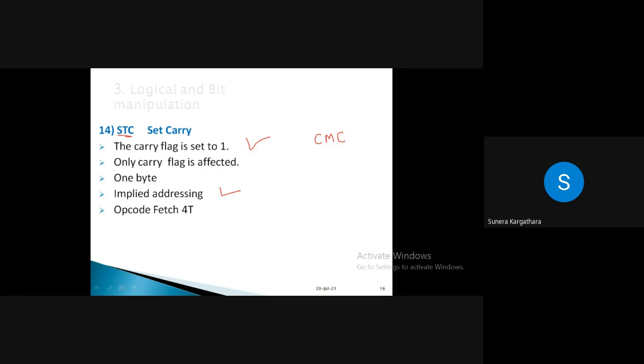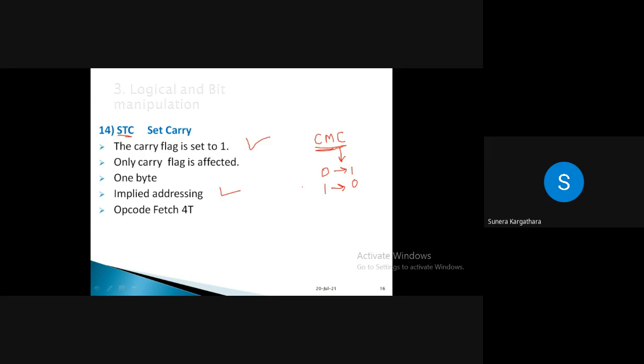Like STC, we have one more instruction which deals with the carry bit, known as CMC, complement carry. CMC is again used to change the status of your carry bit only. With CMC, you can complement it. If your previous carry is 0, you can make it 1. If your previous carry is 1, you can make it 0.